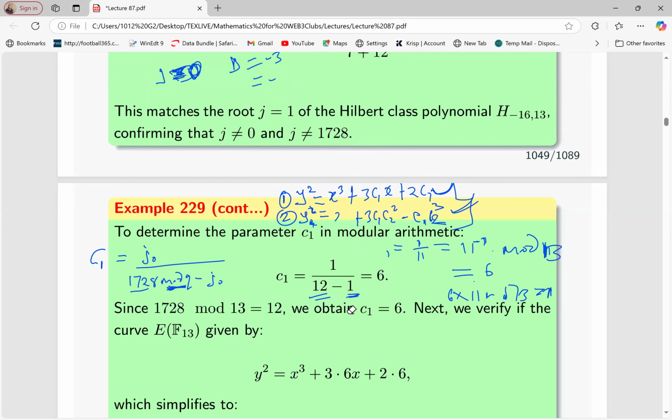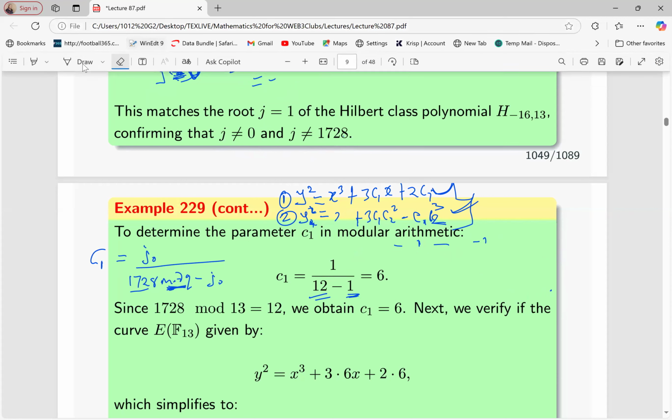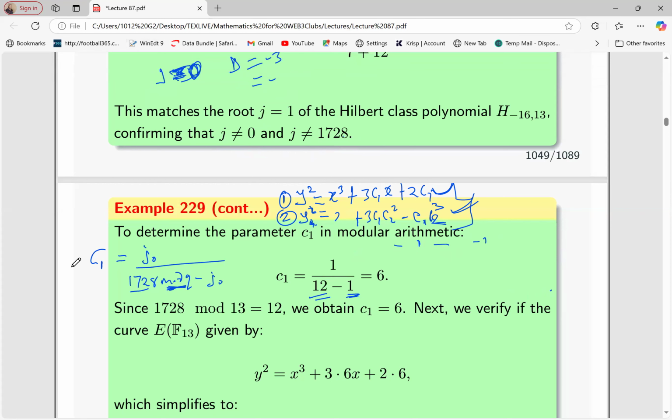Now, since C1 is 6, we consider the first equation and see whether we can get an equation that gives us 20 points. Consider the first case. So y squared will be x cubed plus 3c1 plus 2c1. C1 is 6.